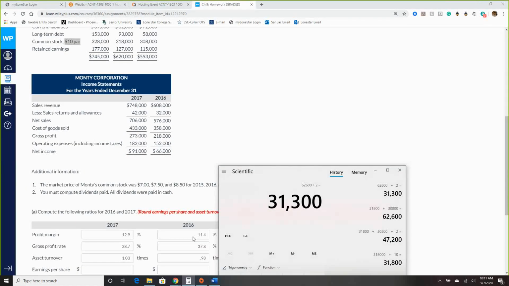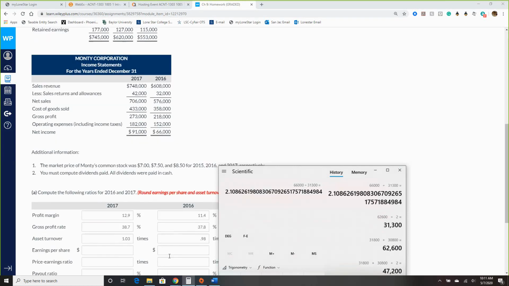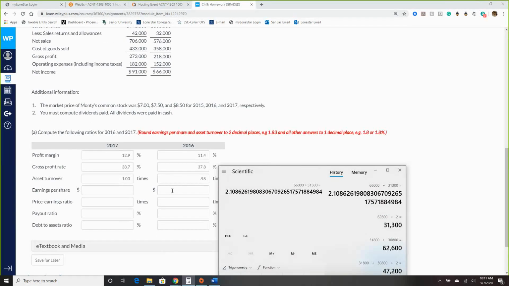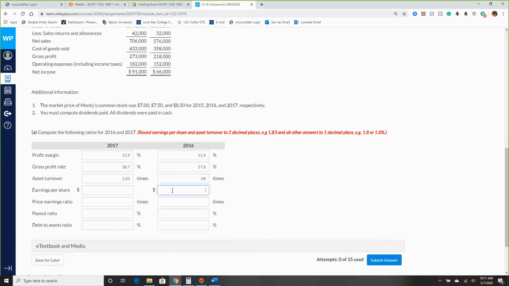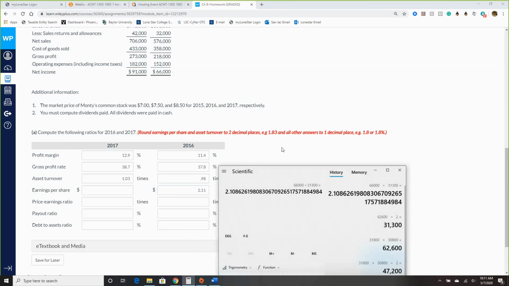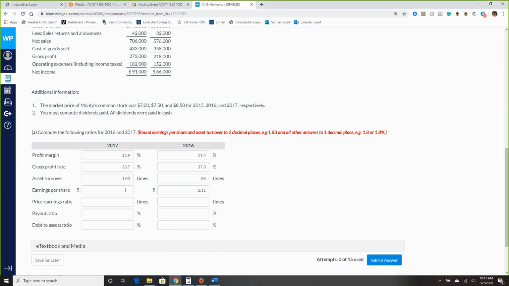Since this is 16, we find out that it is going to be $2.11. Again, I round to 2 decimal places. Okay. Again, if you have any questions while I'm going through, make sure you put that in the chat window.